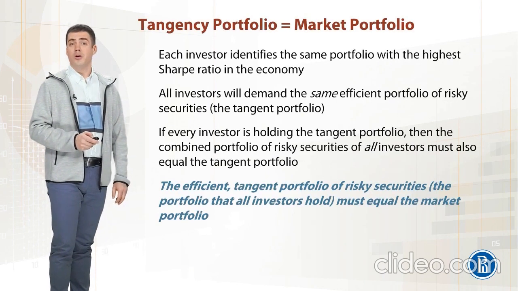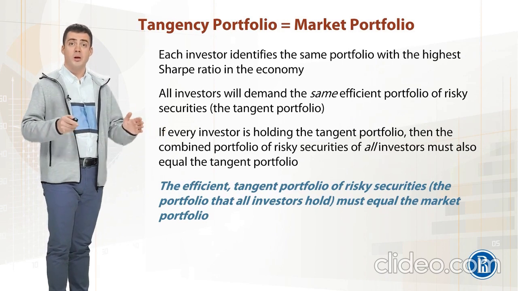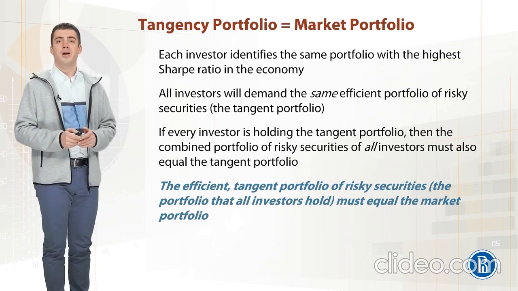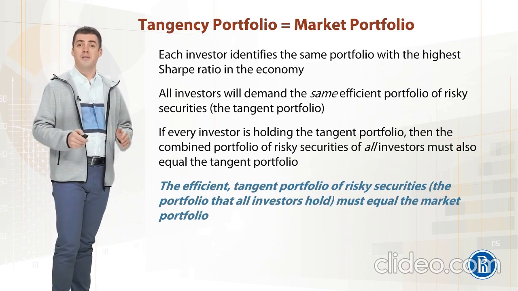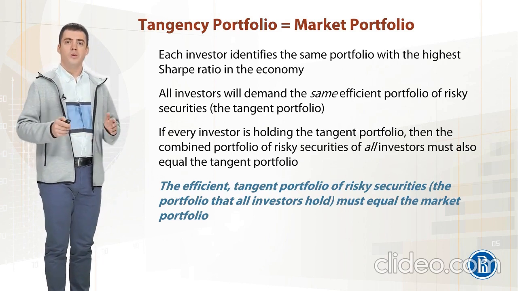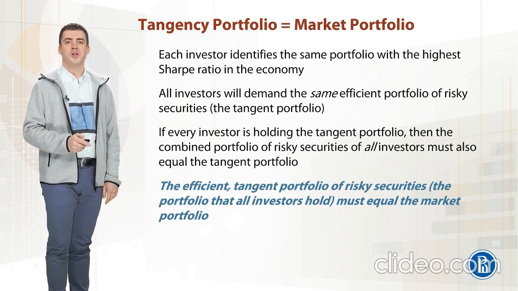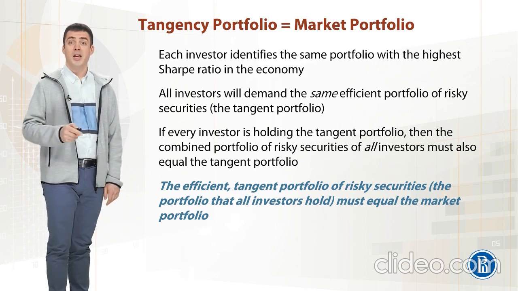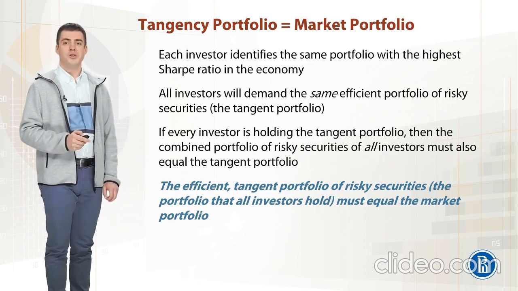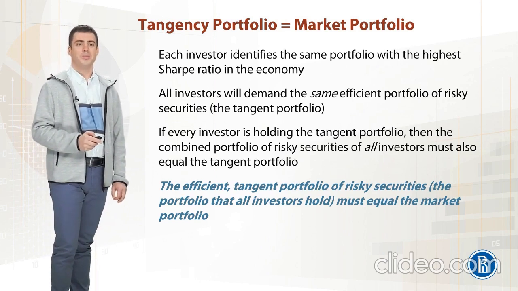By the way, if all investors have homogeneous expectations, which is one of the assumptions of the model, then each investor will identify the same portfolio as having the highest Sharpe ratio in the economy. Thus, all investors will demand the same efficient portfolio of risky securities, which is the tangency portfolio, adjusting only their investment in risk-free securities to suit their particular appetite for risk.